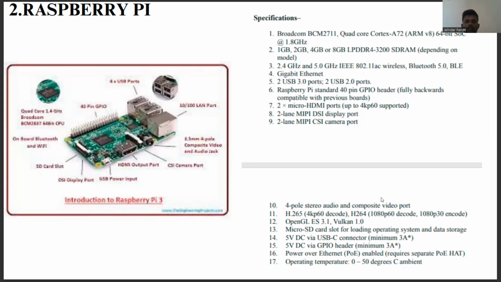So power: it requires a 5 volt micro USB power supply with a minimum current rating. It supports a range of operating systems, including Raspberry Pi OS. So size: the Raspberry Pi measures 88 by 58 by 19.5 mm, making it a small and portable device.